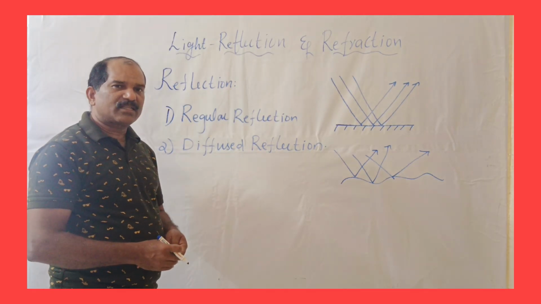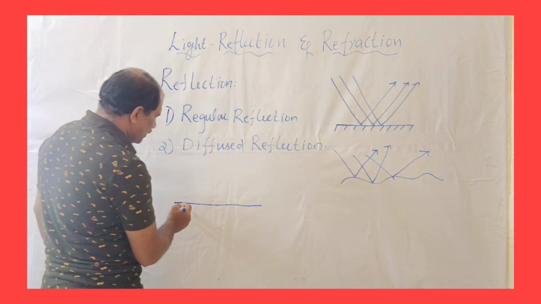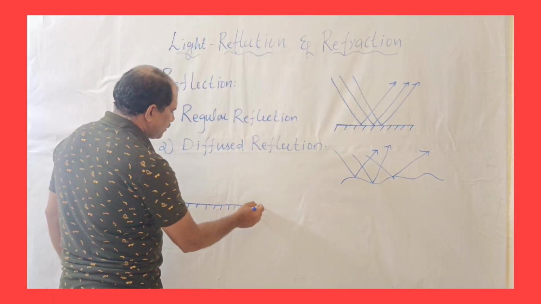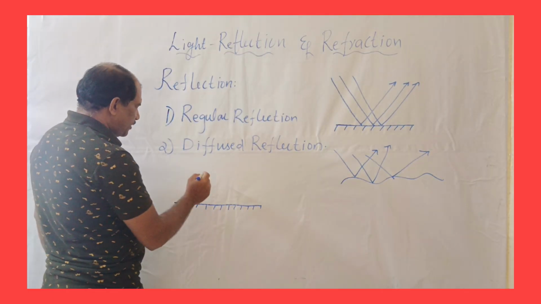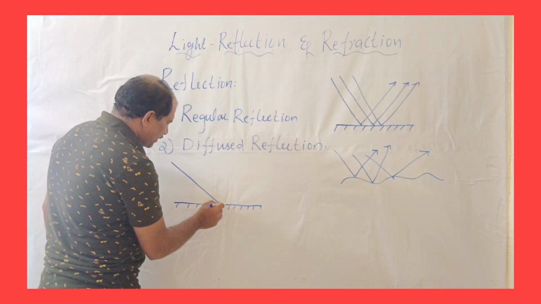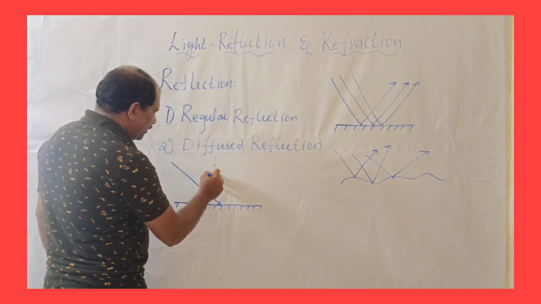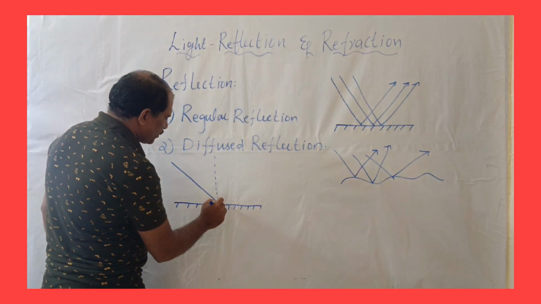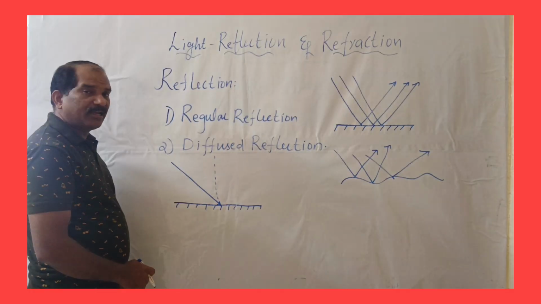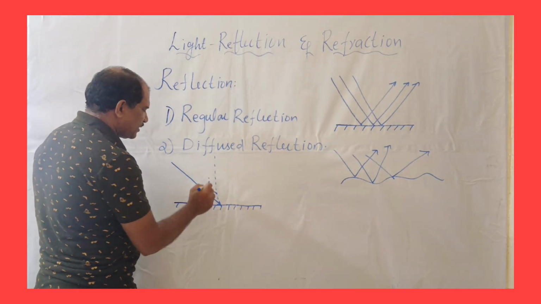The first law: when light falls on a regular surface, this is called the incident ray. That means light is falling on a body. We draw an imaginary line perpendicular to the surface, exactly 90 degrees, and the angle the incident ray makes with it is the angle of incidence.